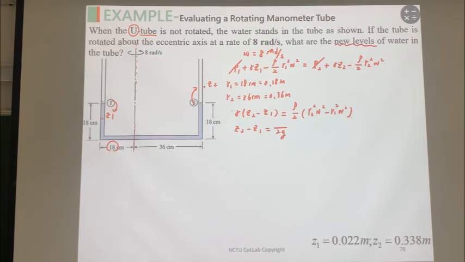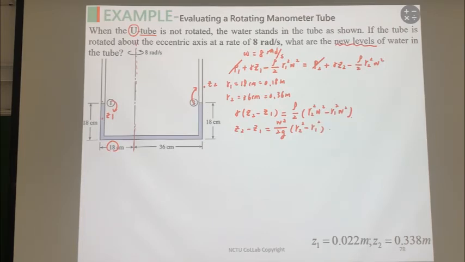So rho and rho cancel out, so we only have g, and move it to the right-hand side. The omega squared is the same value, so I take it outside, and inside we only have R2 squared minus R1 squared.